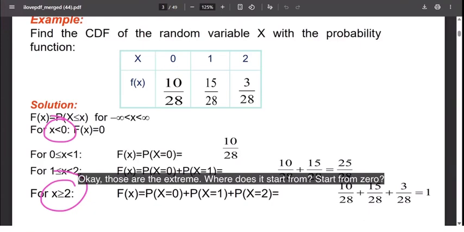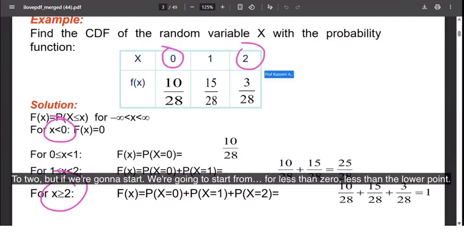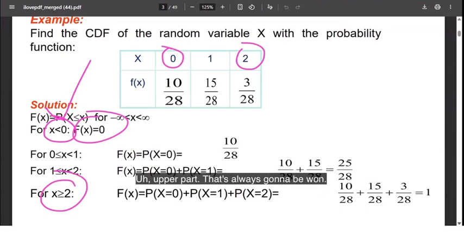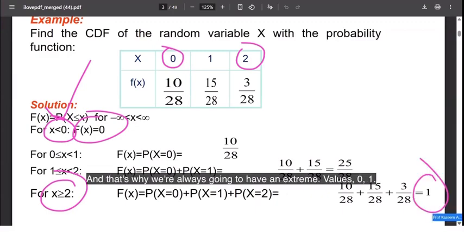Where does it start from? Start from 0 to 2. But for anything less than 0, less than the lower point, that will always give you 0. Greater than or equal to the upper part, that's always going to be 1. And that's why we're always going to have extreme values, 0, 1.